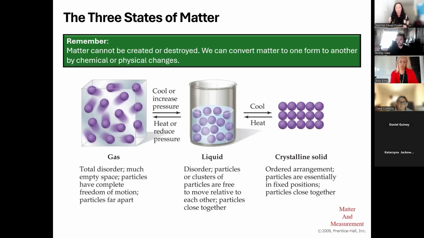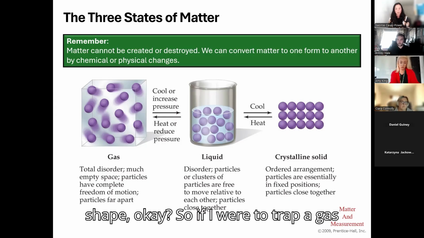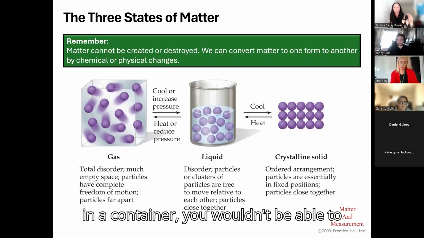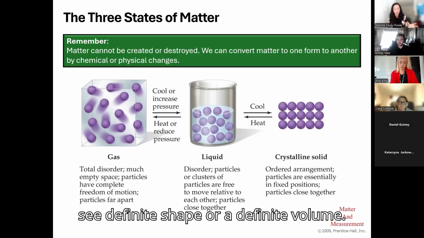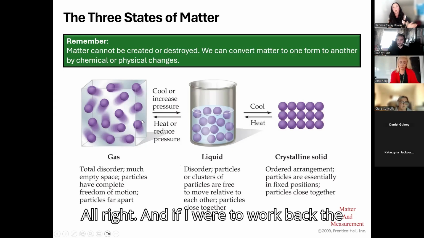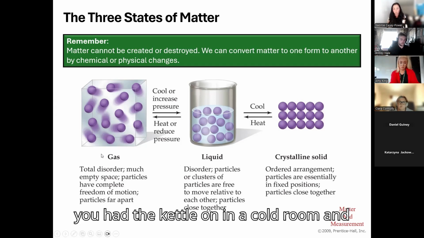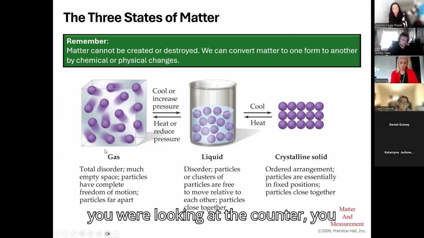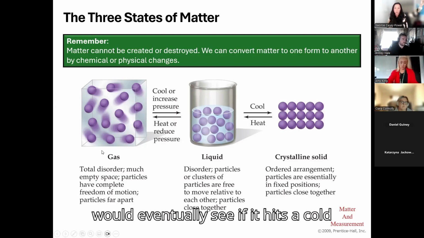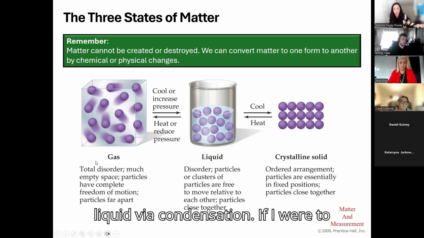Gases don't have a definitive shape. If I were to trap a gas in a container, you wouldn't be able to see a definite shape or a definite volume. And if I were to work back the other way, if you had the kettle on in a cold room and you were looking at the counter, you would eventually see that if it hits a cold surface, it will convert back into a liquid via condensation.